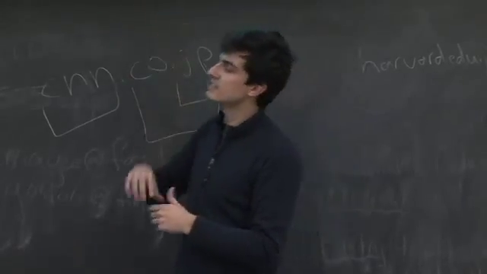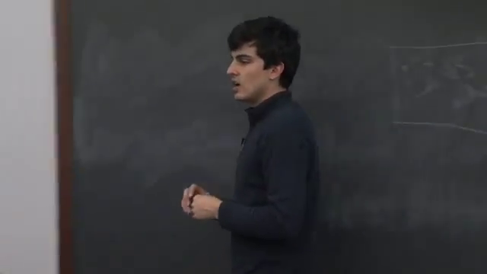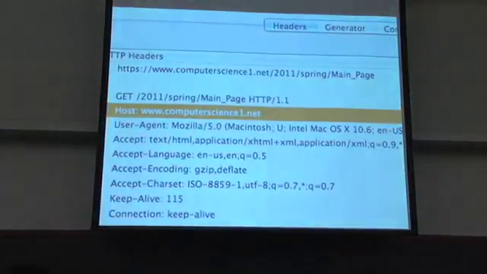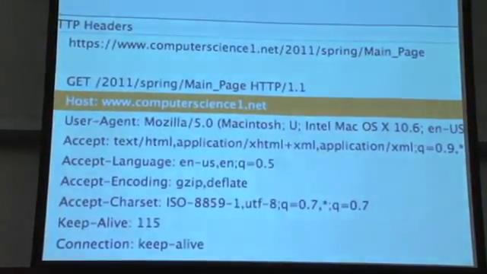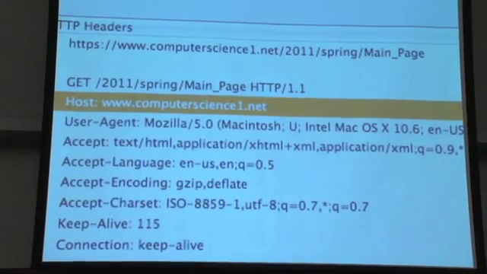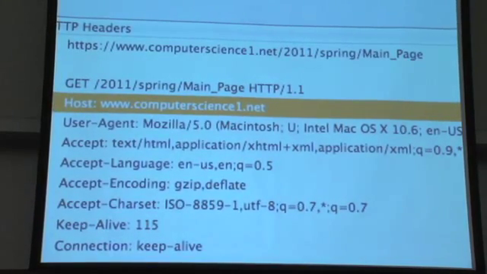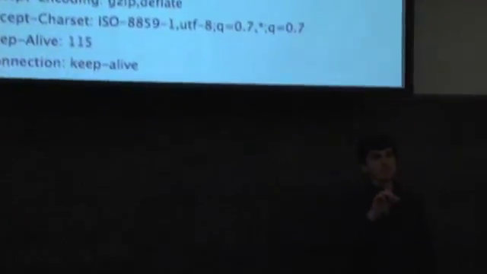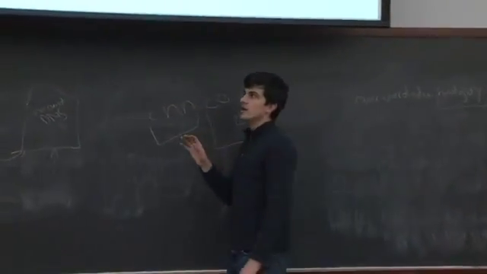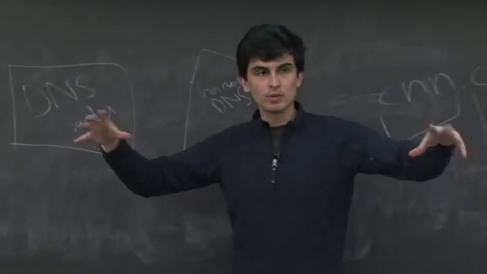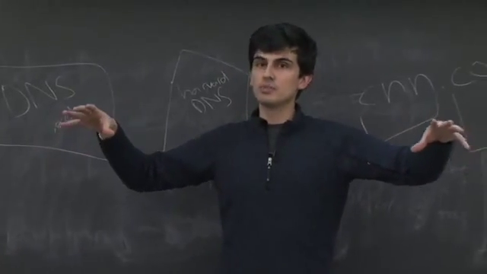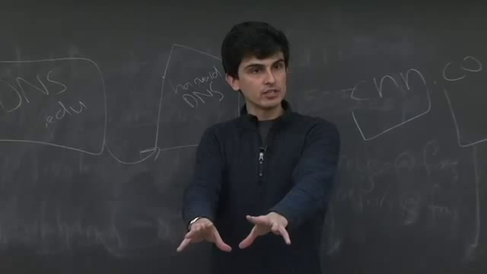Now, my request isn't actually done. I can send a variety of other things as well. For example, host. This may seem redundant to tell the server what server I want to get the data from, but it is actually important because we talked about how multiple web pages, multiple domains, can point to the same IP address.